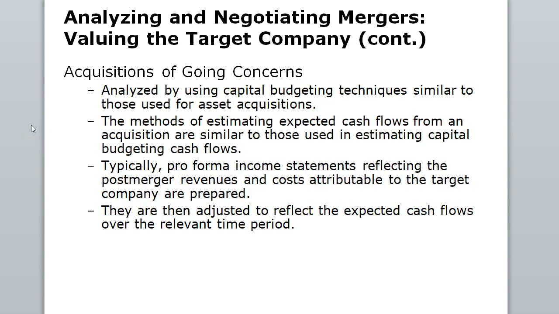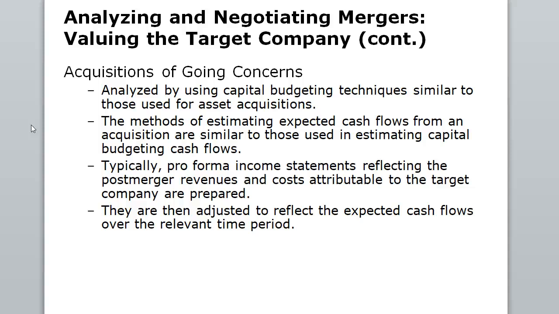Okay, so let's look at acquisitions of going concerns. So analyzing and using capital budgeting techniques that we learned from previous chapters, this is similar to those used for asset allocation. So we could use these capital budgeting techniques for asset allocations and acquisitions. This method of estimating expected cash flows from acquisition is similar to those used in estimating cash flows from the capital budgeting cash flows.